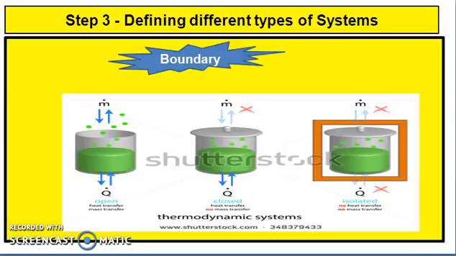Now we need to understand a bit about the concept of the boundary. If we consider any system which is open, it can be transformed into a closed system if we close the boundary. This is an example. All three are the same example with a bit of modification. The modification between the first and the second is the closing by a lid, thereby you are arresting the mass interaction.